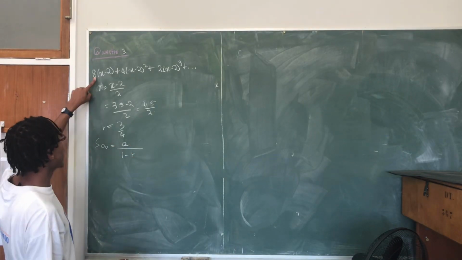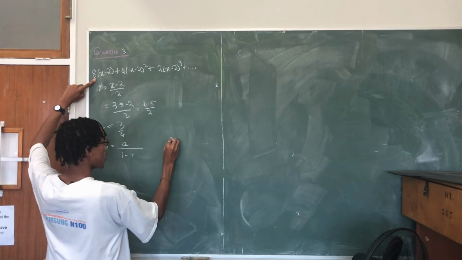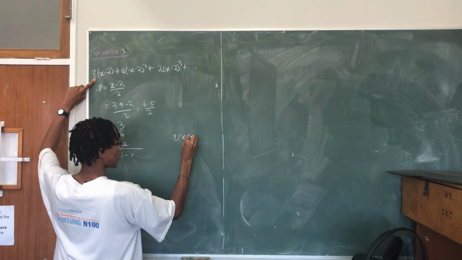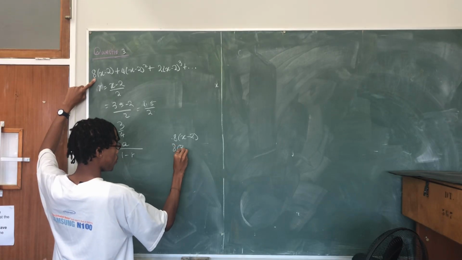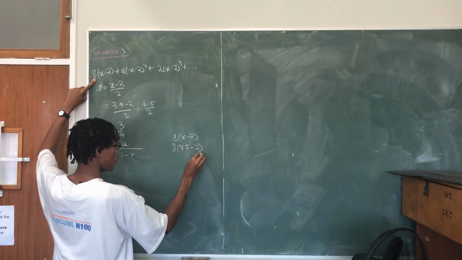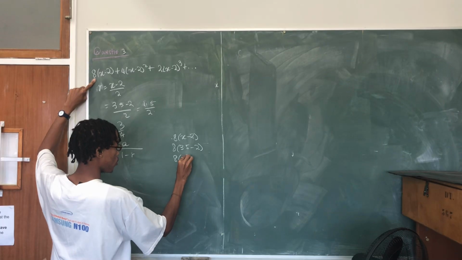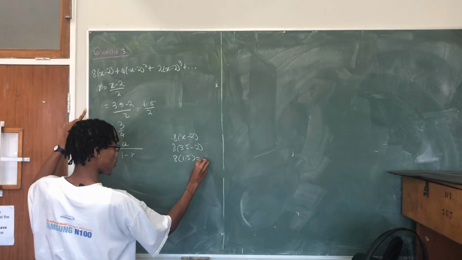We can find the value of the first term. It's 8 times (x minus 2). We can insert 3.5 here, minus 2. We have 8 times 1.5, which is going to be 12.